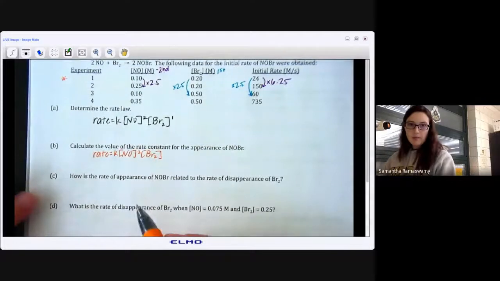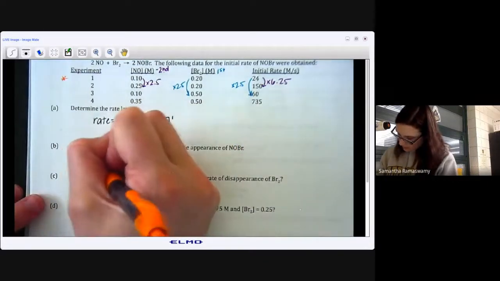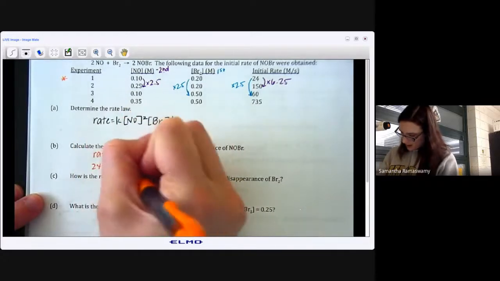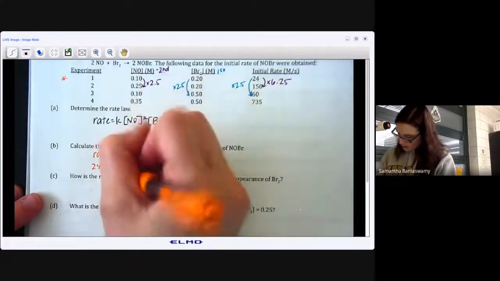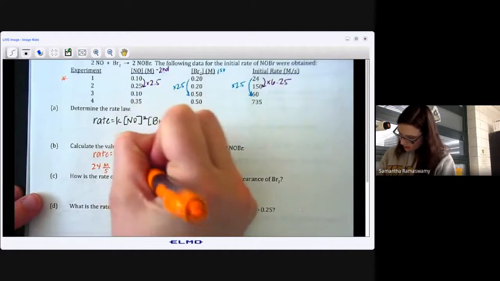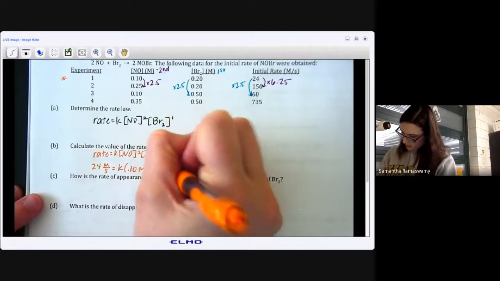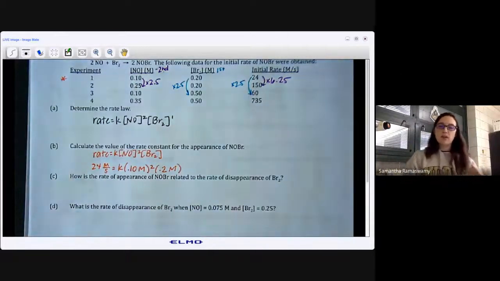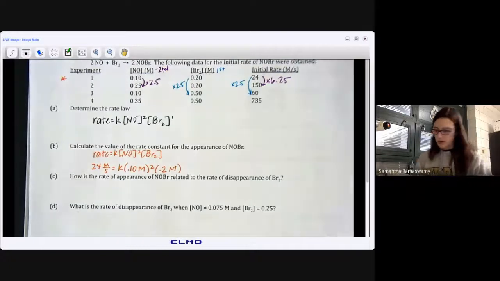Again, I'm going to pick experiment 1 to use for part B. So I'm going to plug in all my information. The rate, 24 molar per second, equals K times concentration of NO squared, so 0.10 molar squared, times the concentration of Br2. Notice I put the units in as well so that we can help to see what the units are.